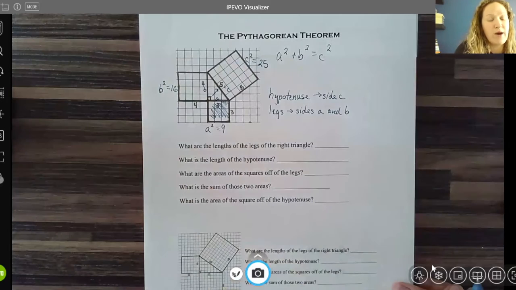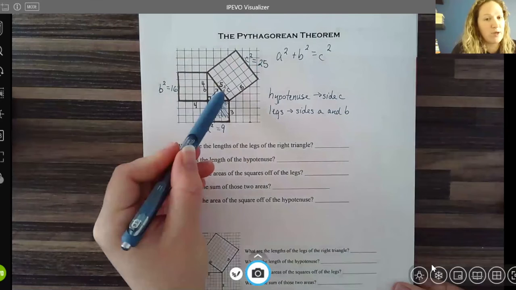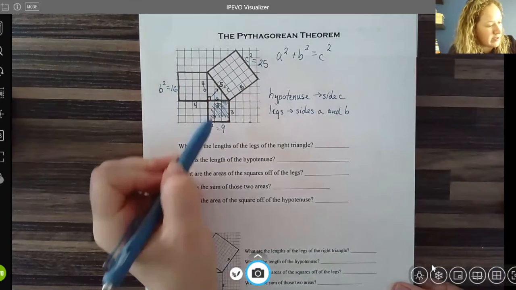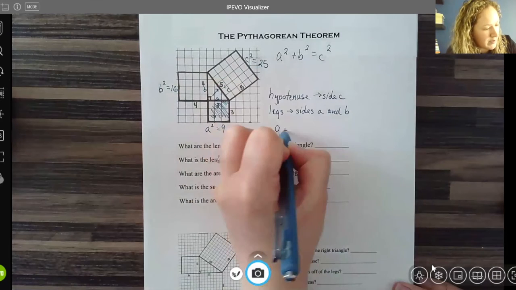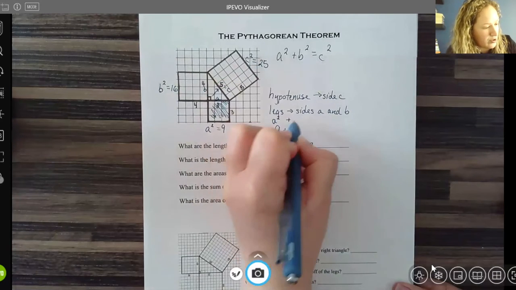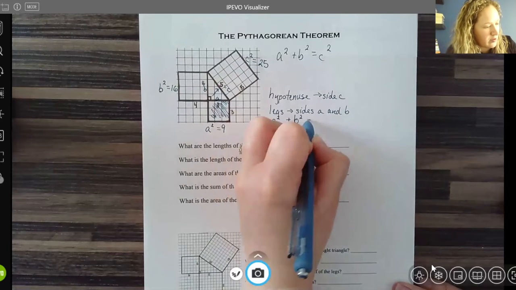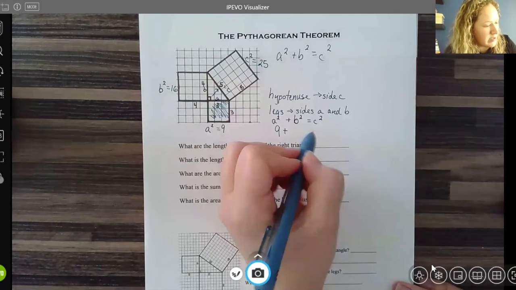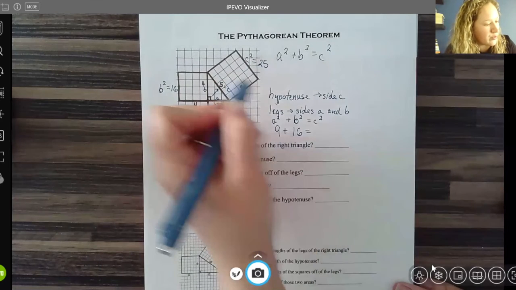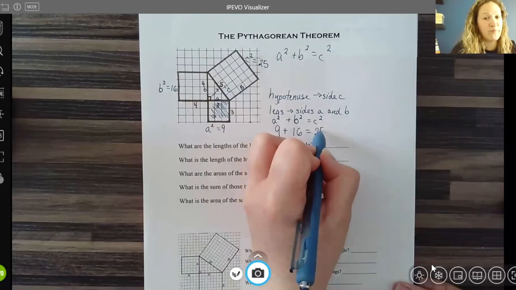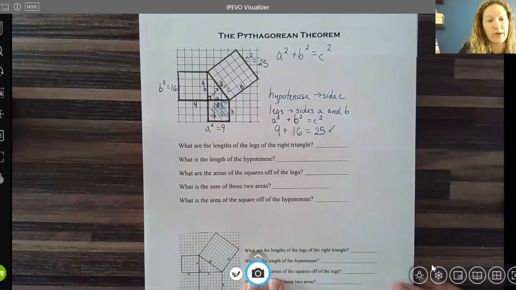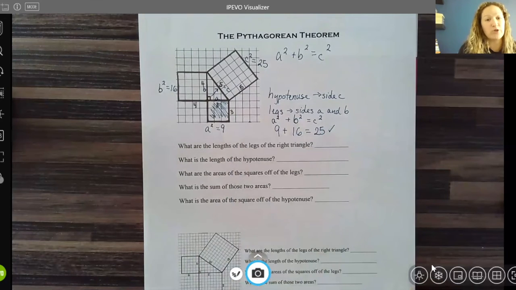And so in the Pythagorean theorem, by taking those side lengths and what we know about the areas of those squares, we would say that A squared, in this case 9, for this particular triangle, 9 plus my B squared, which is 16, should equal C squared, which is 25. As long as that works out, you have a right triangle, okay? If it doesn't work, then you don't have a right triangle.